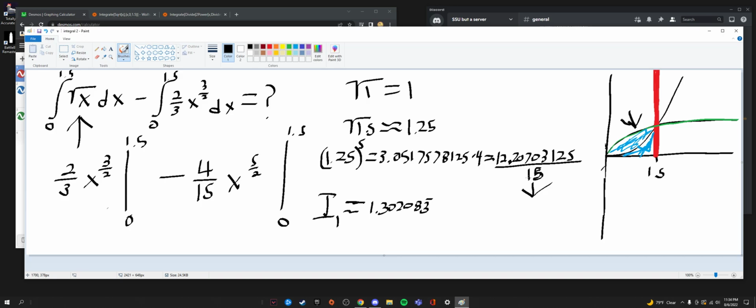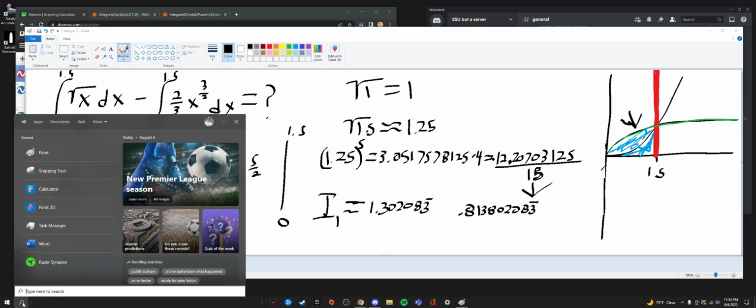what is this equal to? That is a great question. I believe it is equal to 0.13802083 repeating. I believe that is what it's equal to.